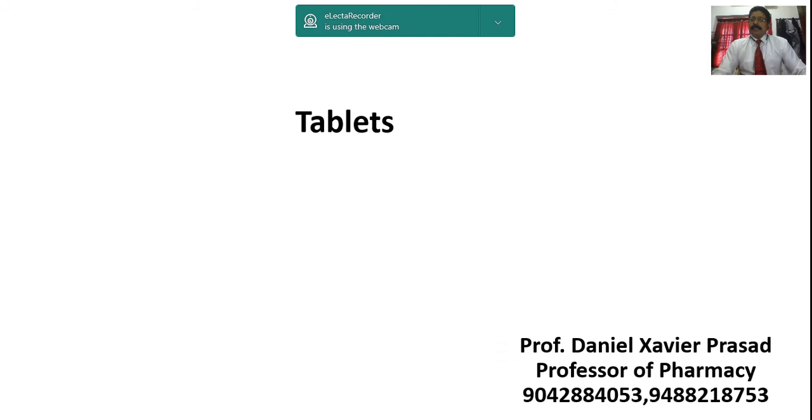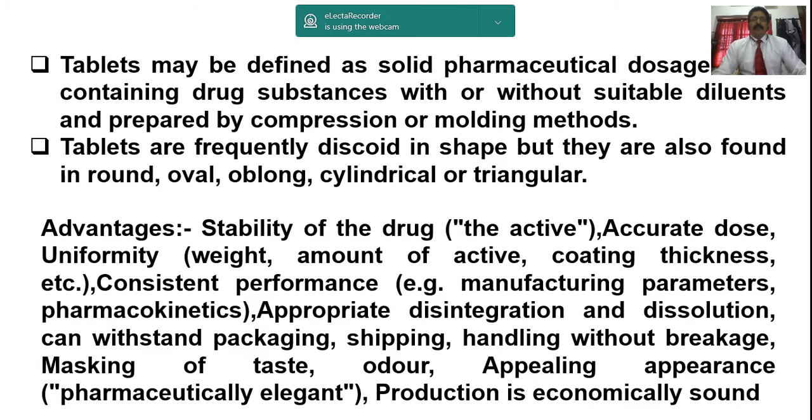In this, first we should know about the definition of a tablet. A tablet may be defined as a solid pharmaceutical dosage form containing drug substance with or without suitable diluents and prepared by compression or molding method.